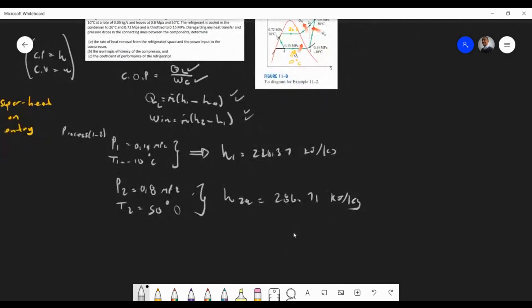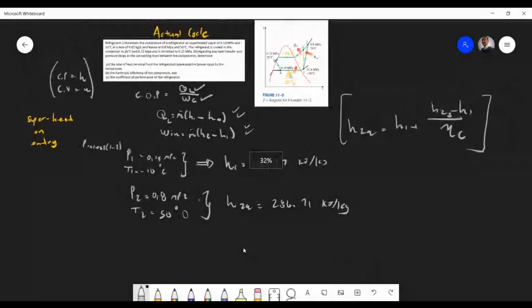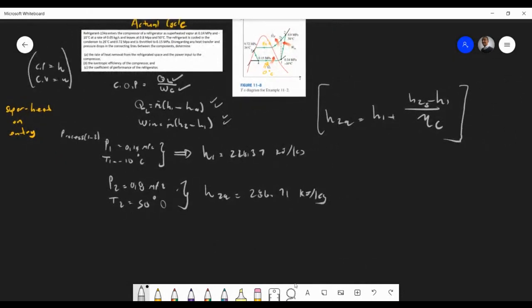If you remember your isentropic efficiency, when you find H2 actual, it's H2S minus H1 over H2A minus H1. That's our typical thing. It's exactly the same as on your turbines. So I want us to find H2S while we're at this process 1 to 2, which is the compression.